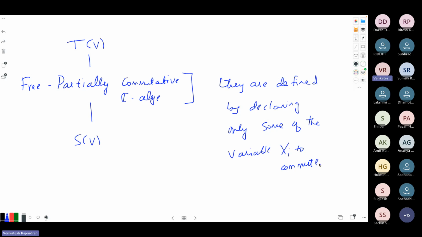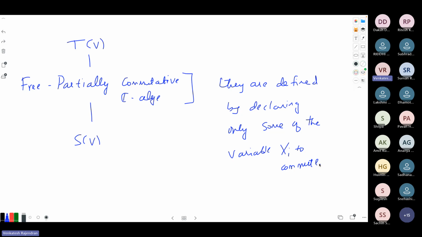Again, you have to take the symmetric matrix to be consistent. Another way of representing the same data is to define a simple graph on the vertices 1 to n, and put an edge whenever the variables x_i, x_j don't commute; whenever they commute, you just don't put an edge.